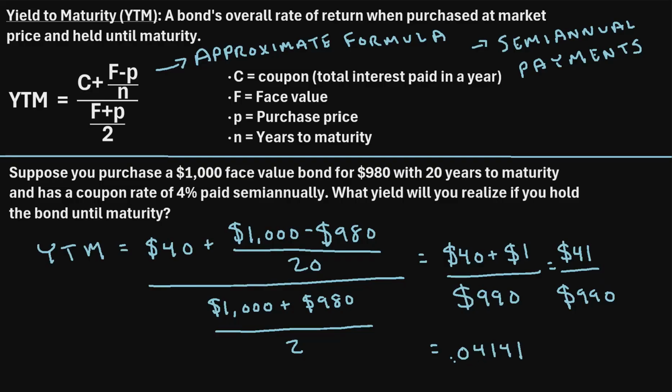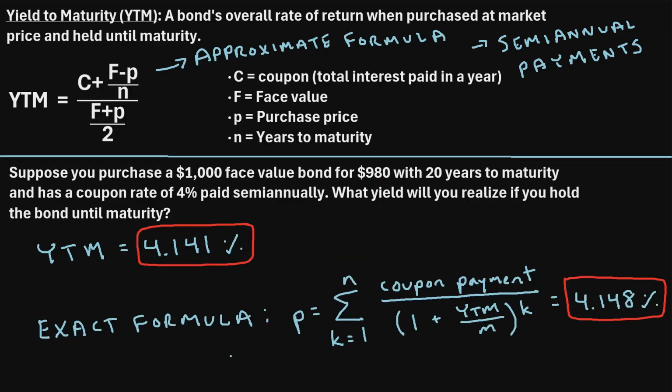Now, as a percentage, if we move the decimal place twice to the right, that would be equal to 4.141%. So this is our yield to maturity for this bond, or in other words, it's the overall rate of return that we would get when we purchase this for $980 if we held it for the full 20 years to maturity.